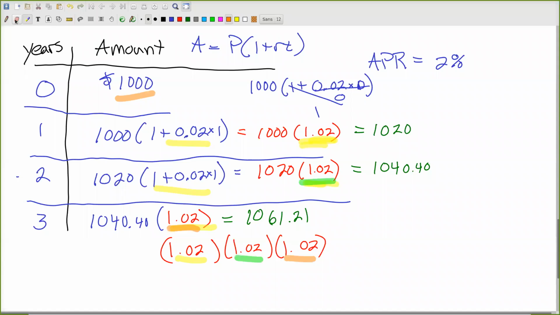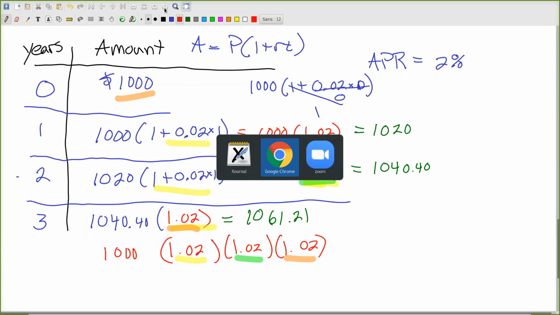So we're just going to double check this on the calculator. Another way to get this $1,061.21 is to start with $1,000 and then repeatedly multiply that by that 1.02. So whip out a calculator. Let's see if this actually works. We'll talk about a shorthand, look at one more example, and then we're going to dive into the lesson.